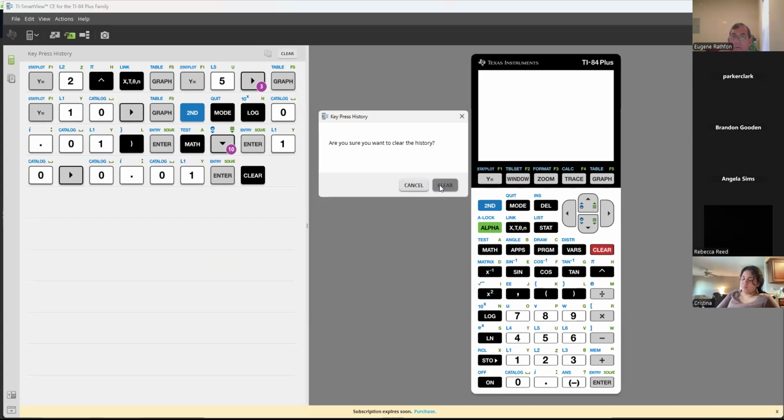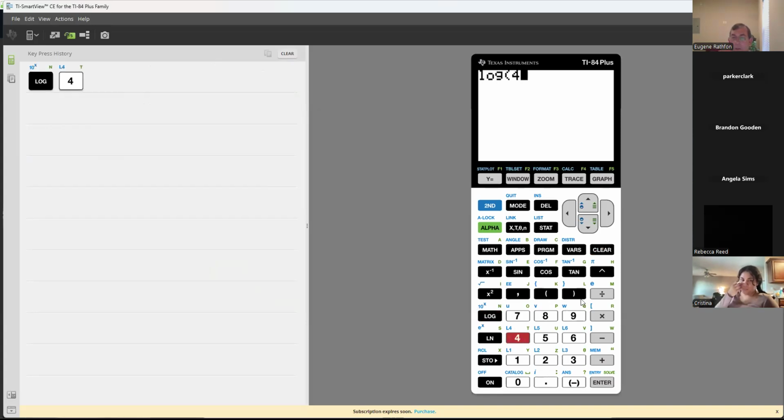There's my log button. So punch log, put in 4. We're going to round it to 4 decimal places. So y'all, that's going to be 0.602. All right, so my fourth number to 0 has a 5 after it, so I'm going to turn the 0 into a 1.